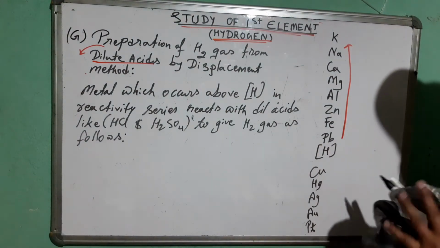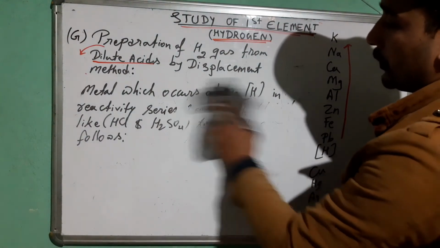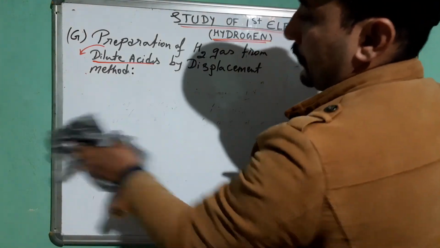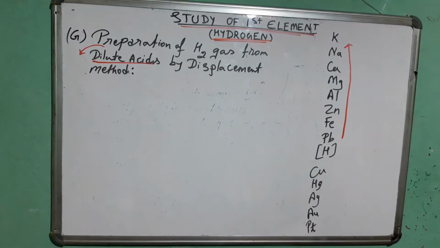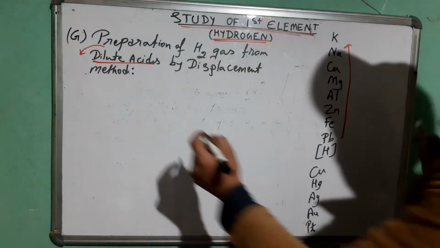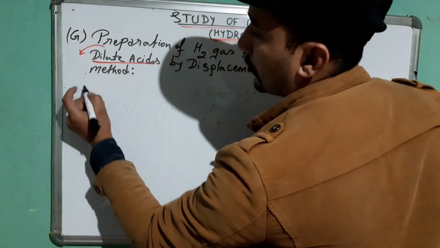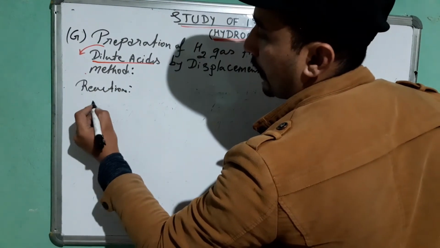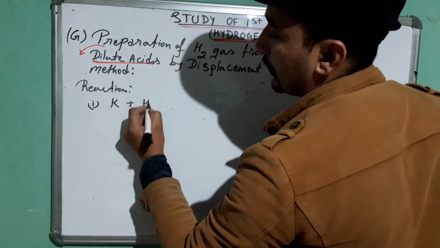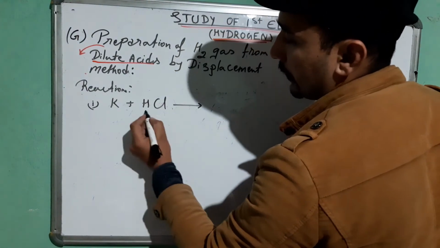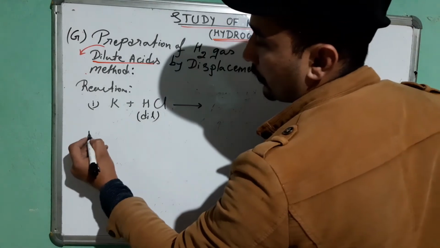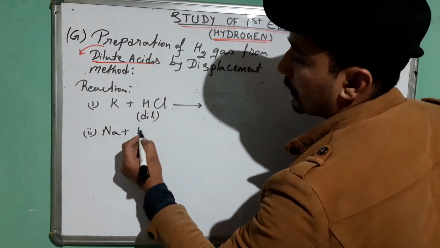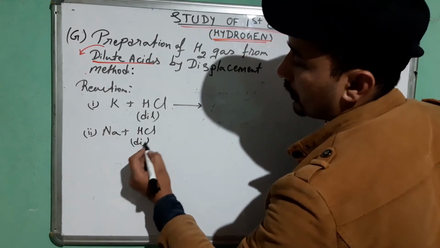I'll give the reactions just below this. Reactions. Number 1, potassium plus, I'll give the example in dilute hydrochloric acid. Next, number 2, sodium, Na, plus dilute HCl.